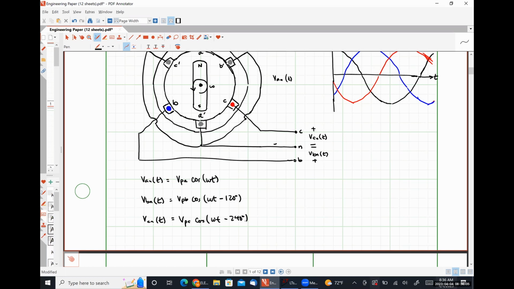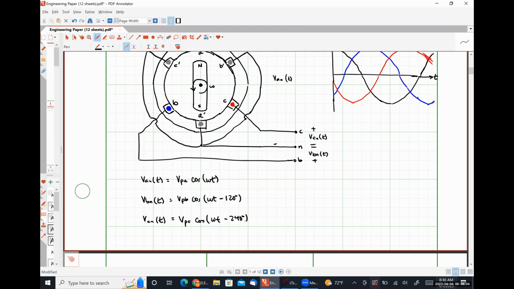Well, if our coils all have the same number of turns, then the voltage that's induced is going to be the same, okay? So these three-phase generators are literally built by robots, very, very smart robots, to make sure that the windings on each phase are as close as humanly possible, or as close as robotically possible, to the other windings, so that all of the voltages are exactly identical.